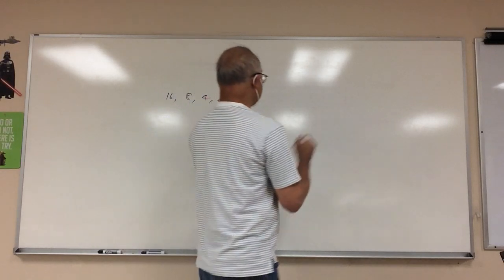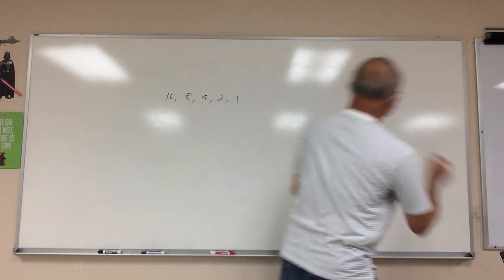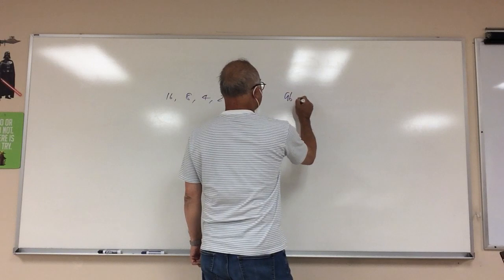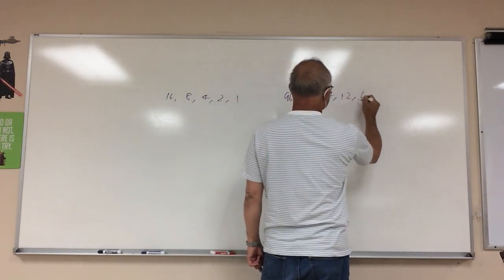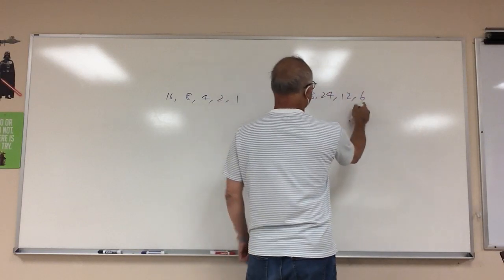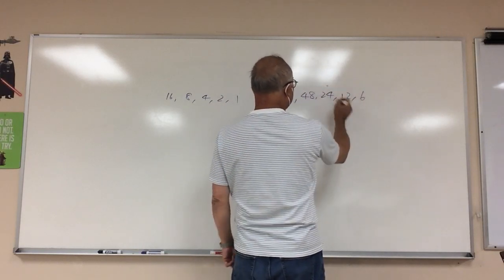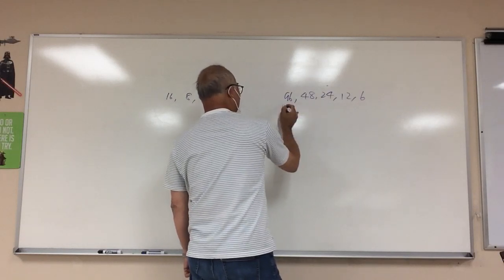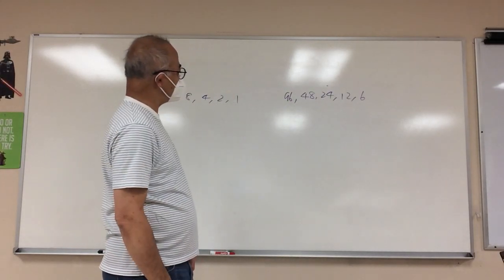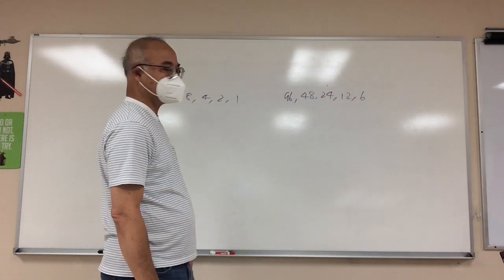Okay? So let's do B. B is 96, half of that is 48, 24, 12, 6. Adding those up, I get 186.